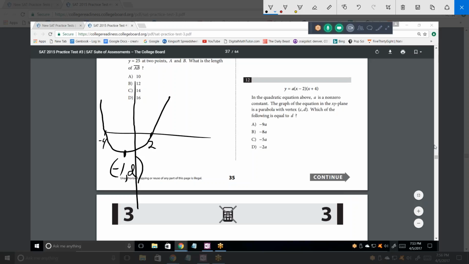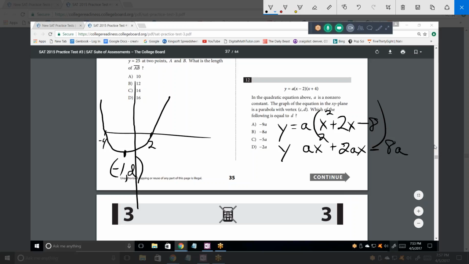We can multiply that together. Does that help? We end up with a times x squared plus 4x minus 2x plus 2x minus 8. So that's ax squared plus 2ax minus 8a.